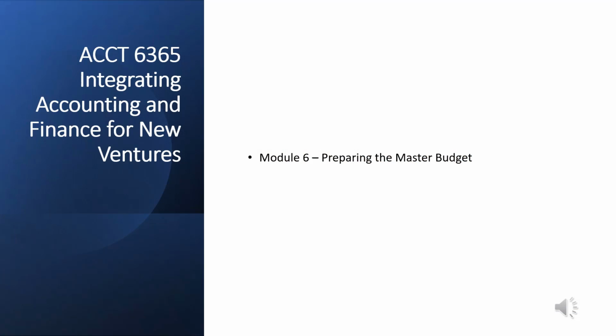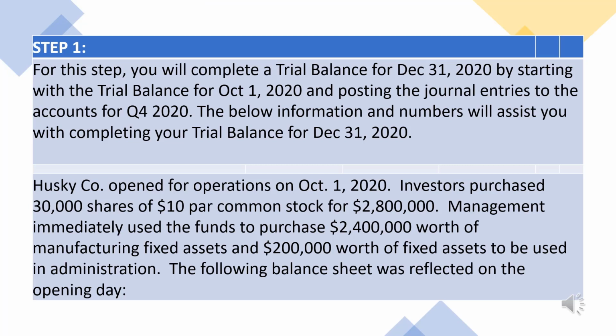Hi everyone. We're going to cover in this module how to prepare a master budget. In this project, we're going to create a trial balance as of December 31st, 2020 for the company Husky Co. Now they just started their business on October 1st when they sold 30,000 shares of $10 par common stock for $2.8 million.